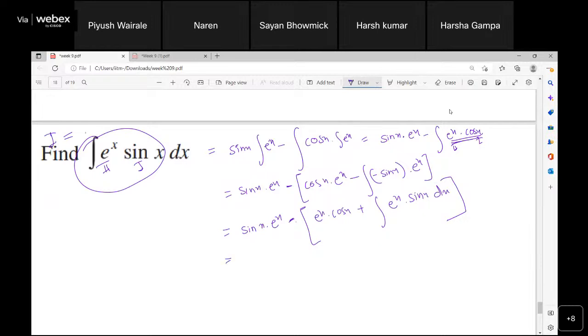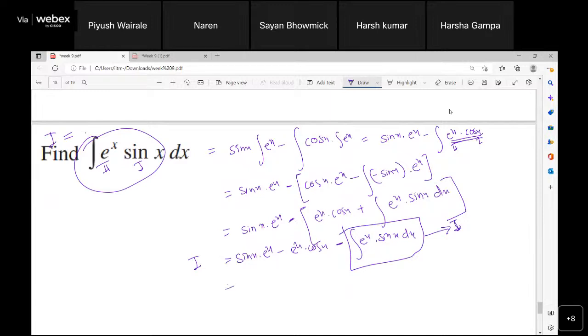So I equals sin x e to the power x minus e to the power x cos x. This minus will become, the plus will become minus, e to the power x sin x dx, right? Now I can replace this by I, same term.